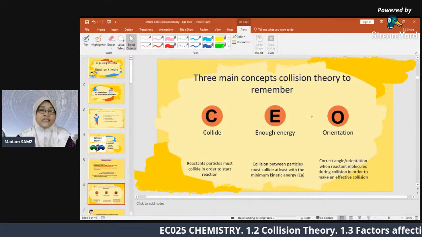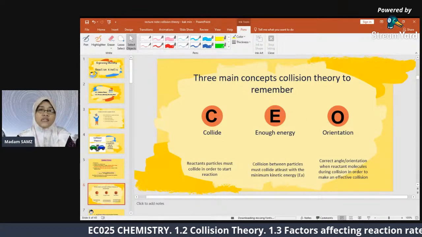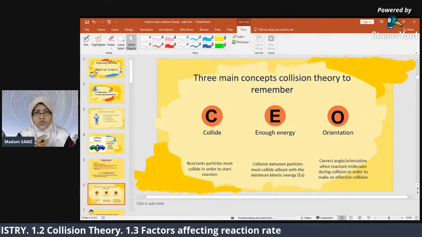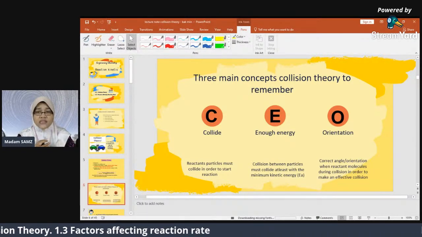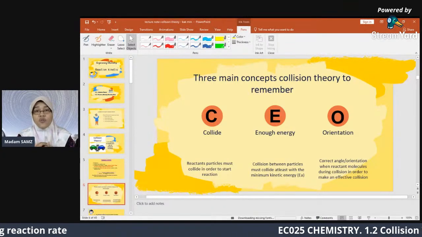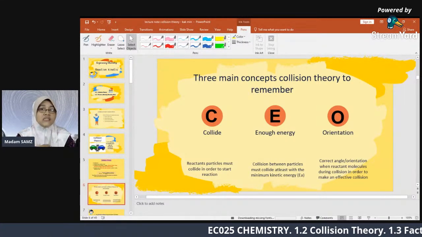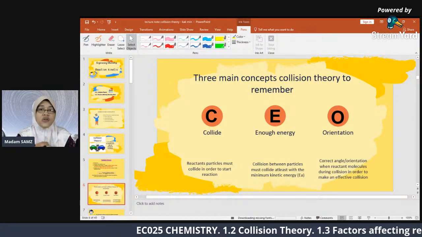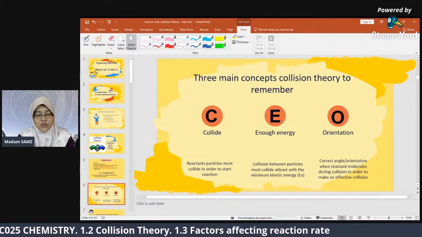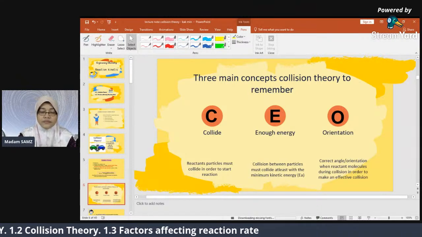And O is orientation. Orientation is the correct angle and orientation when two or more reactant molecules collide, to make an effective collision. So these 3 things must be present to ensure an effective collision between the reactants occurs.